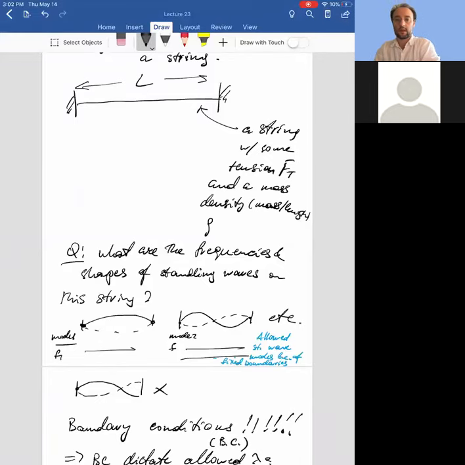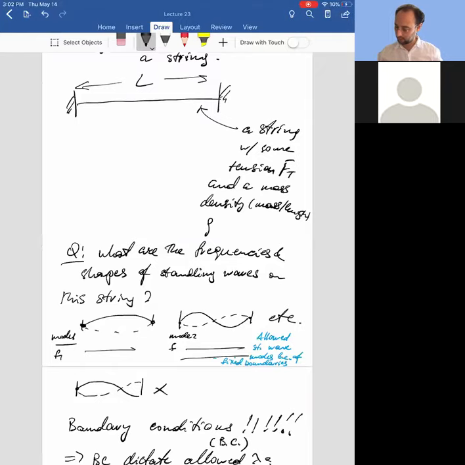Hello, everyone. So I want to jump right back where we ended yesterday. To remind you, we were looking for just a general description of vibration of a string. In particular, we are interested in the standing waves on a string, which can only take on certain specific forms, right?